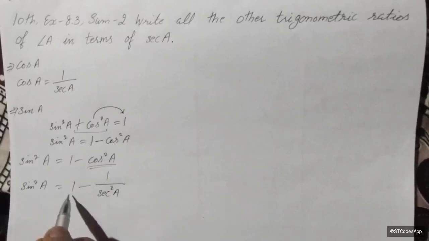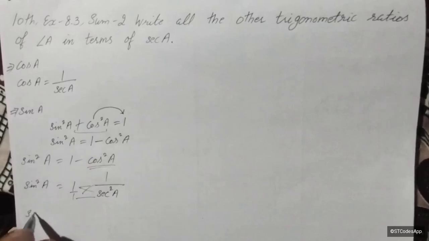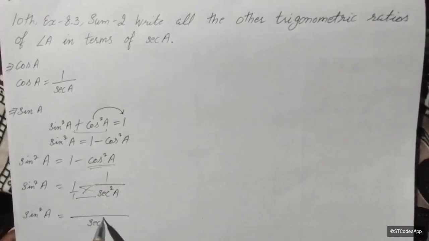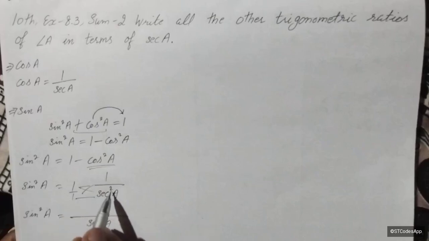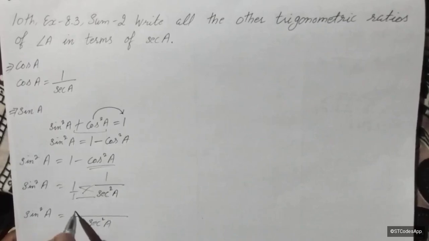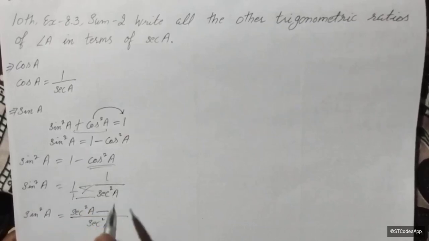Now we will put 1 under this, take the LCM of sec square A and 1, then cross multiply. Sine square A is equal to sec square A minus 1, divided by sec square A.